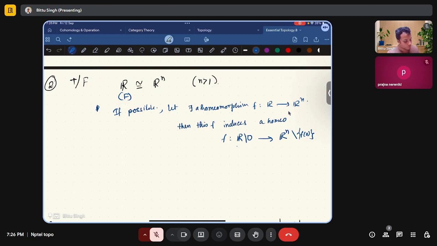But what is the problem? We can see that the domain is not connected. The origin is removed, so this is broken into two parts. This is actually a disconnected set. But in R^n, if we remove a point, it remains connected.